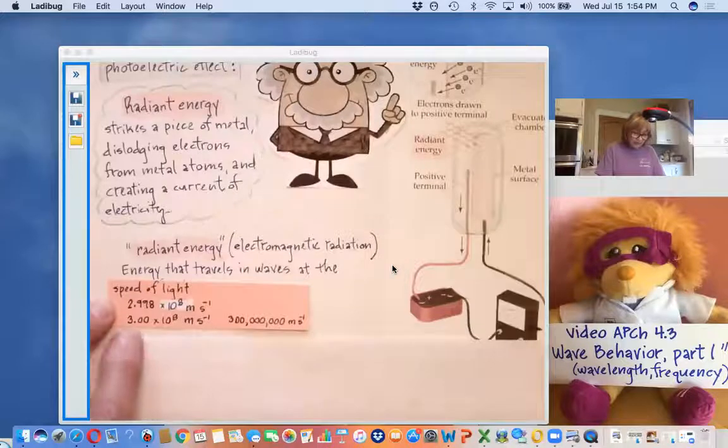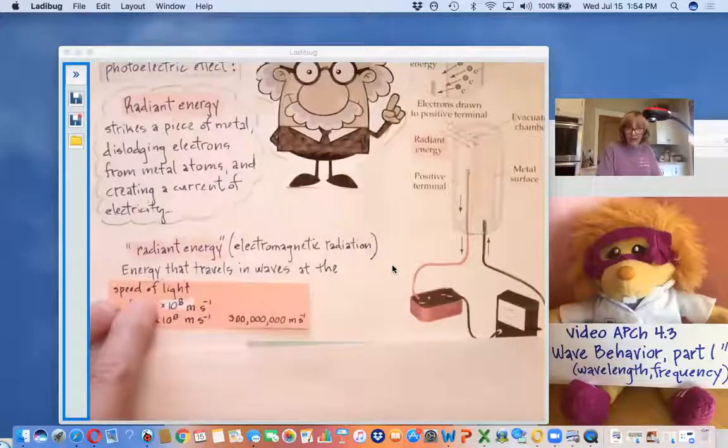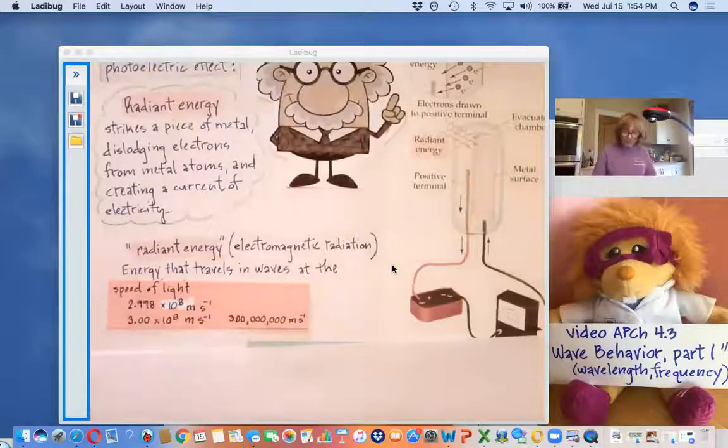Written in scientific notation, it looks like this, or here's yet another more precise version with 4 sigdigs. Okay, so radiant energy is any kind of energy form that travels that fast, and it travels in waves.